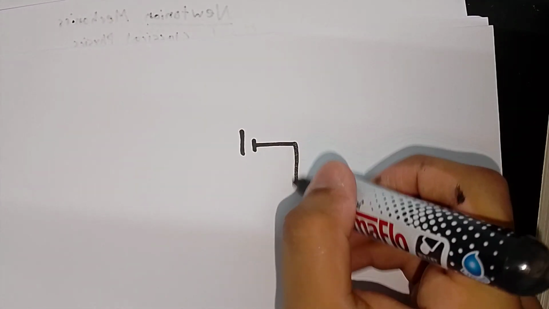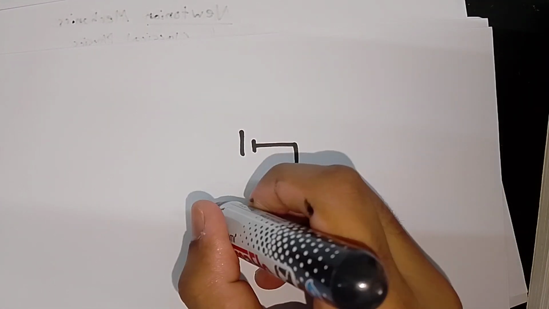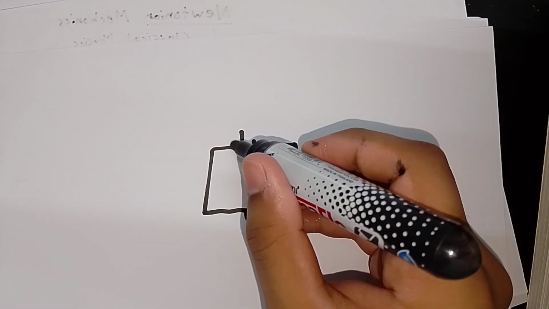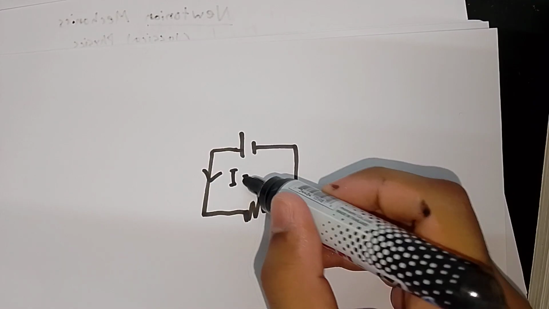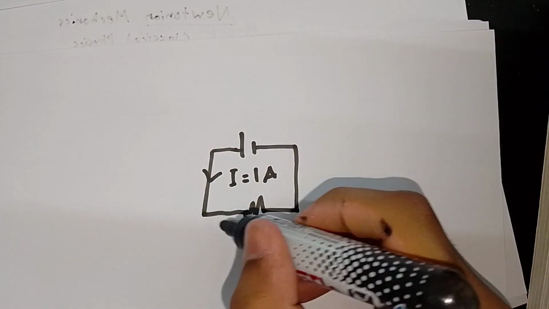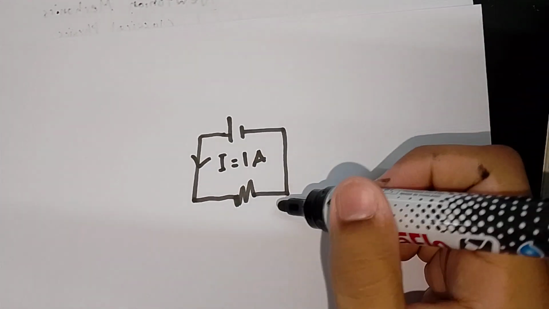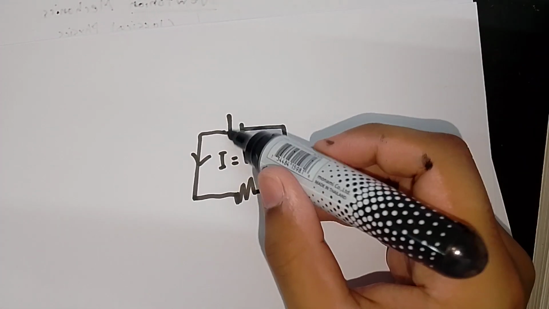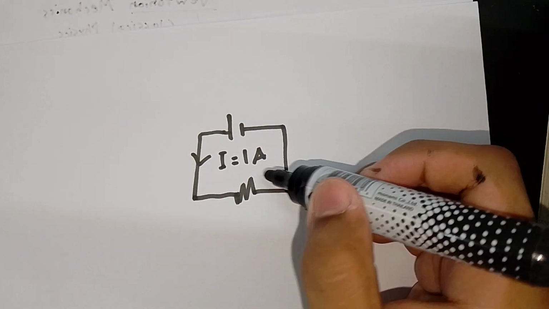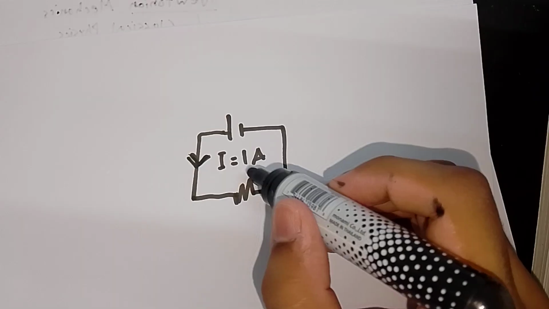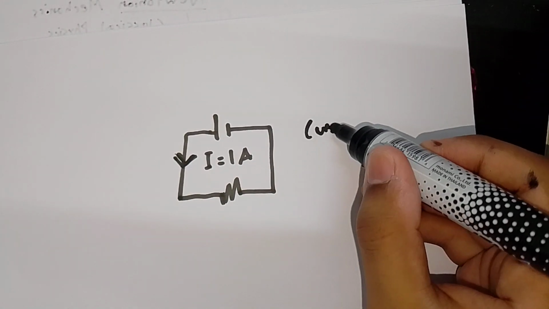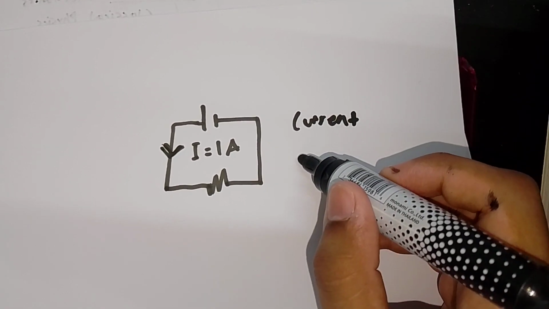For example, let's say we have a circuit here. This is our battery here, and let's say there's a current of 1 ampere flowing from this direction like this. Here current is flowing from here to here, so just from this arrow you could probably tell that current has a direction, right?